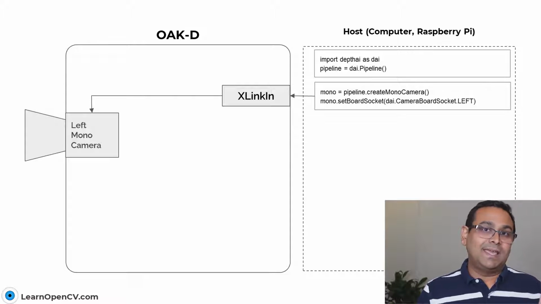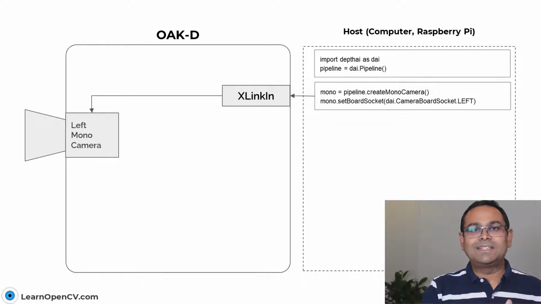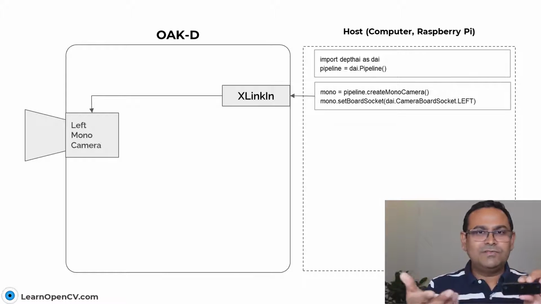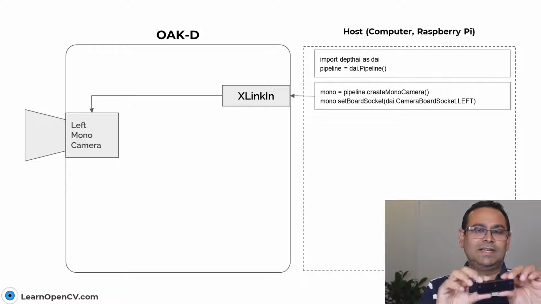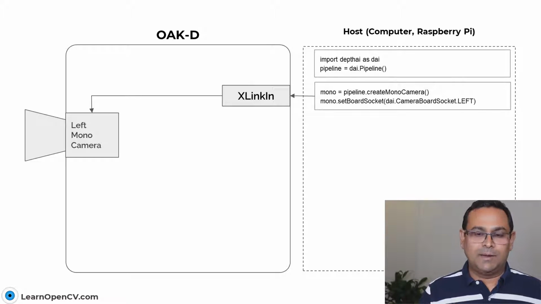And you can have XLinkIn, which means that it is an input to the device, or XLinkOut, which is an output from the device. And in this video, whenever I mention the word device, it actually means your OAK-D camera or OAK-D Lite camera. And whenever I mention host, it is your computer.